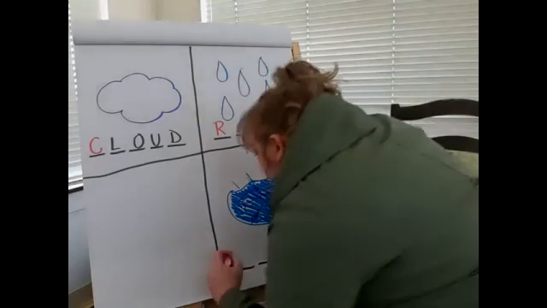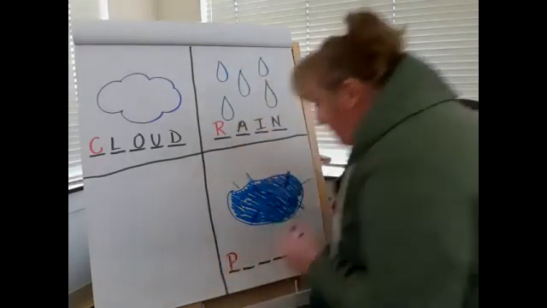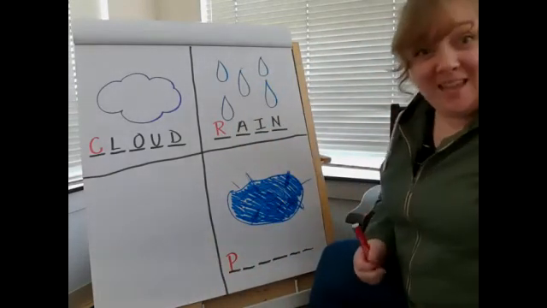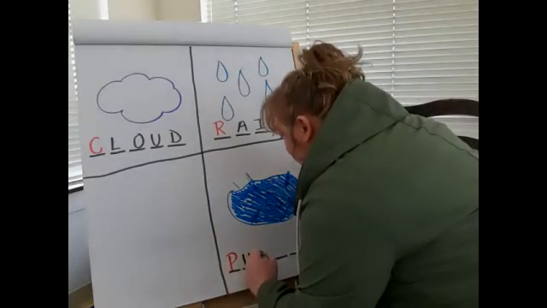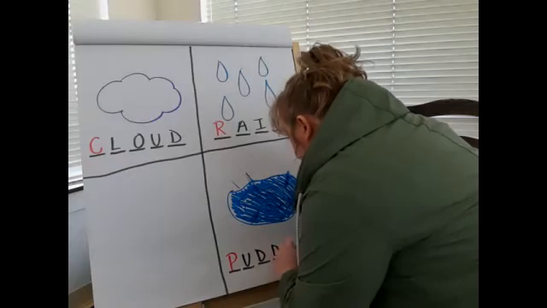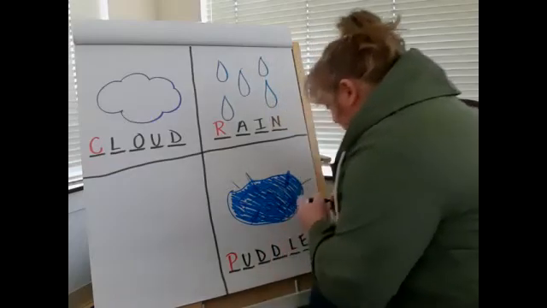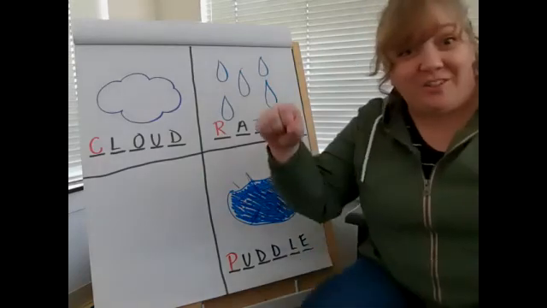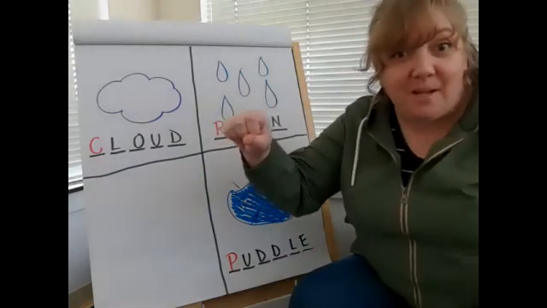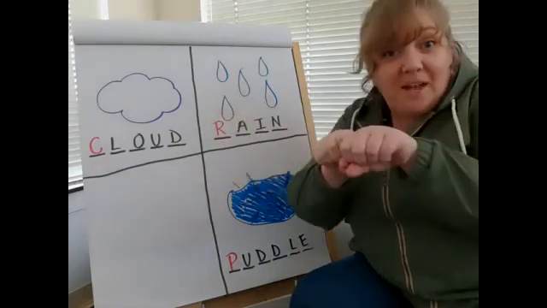P. Puddle starts with a P. So P, U, D, D, L, E. So let's do our trick. Puddle, puddle.